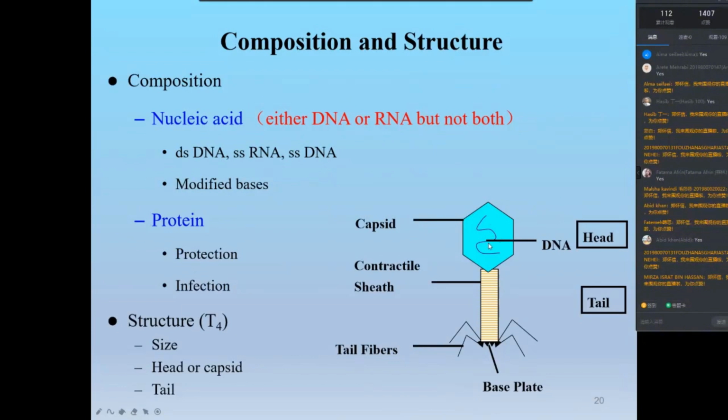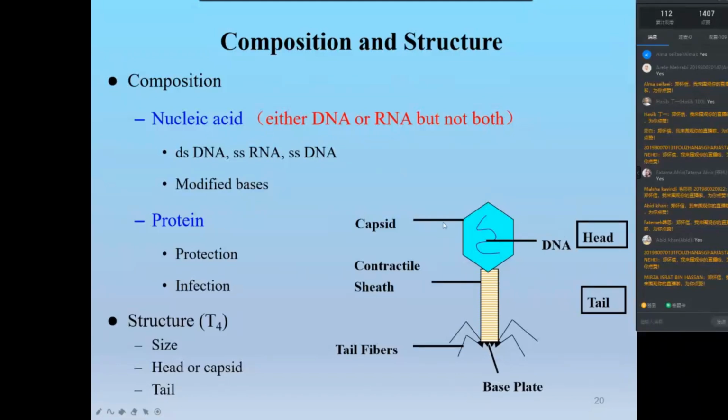Its DNA is inside the capsid, and it also contains the tail structure. And there are also tail fibers and a base plate. So this structure is pretty fancy. That is why we are more familiar with this complicated structure of phages. But except for this T4 phage, there are also other types of phage showing different structures.